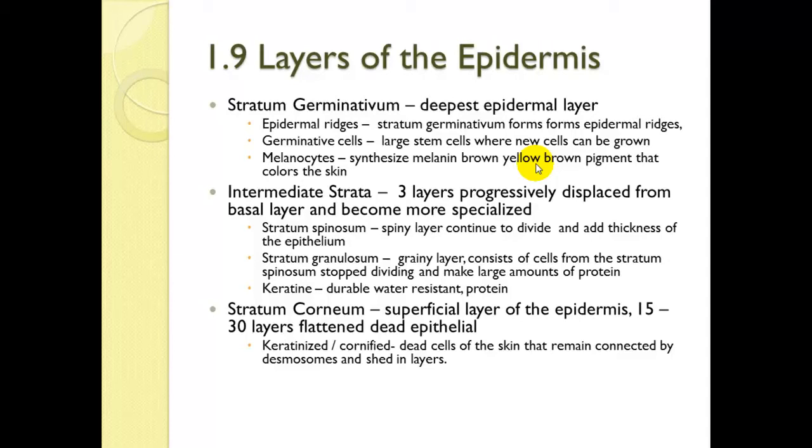One of the proteins they make is called keratin, a durable water-resistant protein. And then we have the stratum corneum, the superficial layer of the epidermis, 15 to 30 layers thick, of pretty much dead epithelia. This area is keratinized or cornified, dead skin cells that remain connected by desmosomes and are shed in layers.